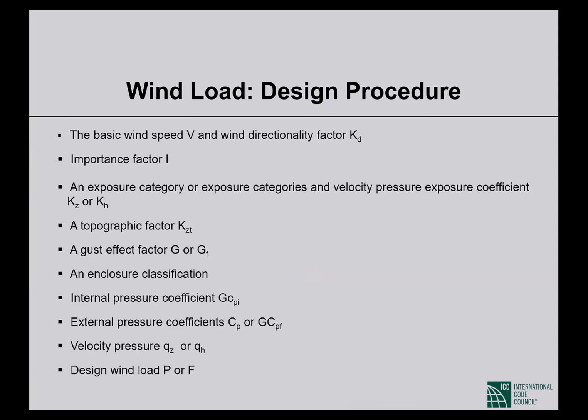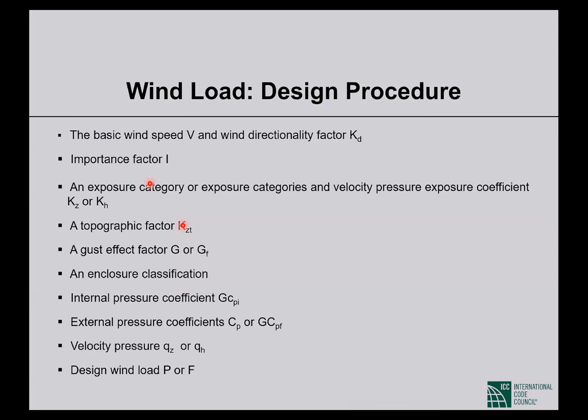So these are the steps: the basic wind speed and wind directionality factor. You have to first determine these, then importance factor, which depends on occupancy, exposure category. It was there in the previous code, but it was much simpler. Now, first you have to identify surface roughness in different directions, and from surface roughness, you have to understand the exposure category.